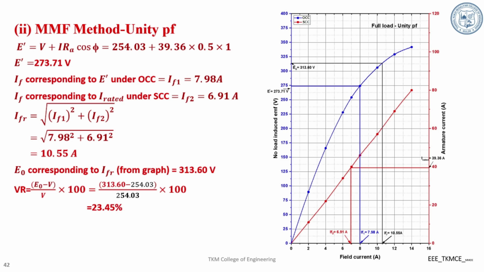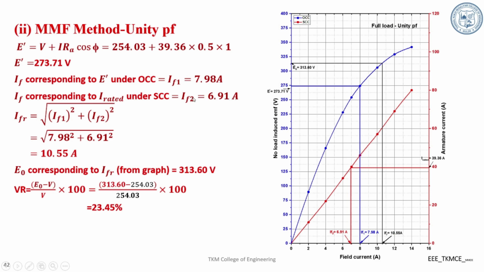Coming to the MMF method, unity power factor. After plotting OCC and SCC, we need to determine E dash, and E dash is obtained as 273.71 volt. Corresponding to 273.71 volt from OCC, IF1 is obtained as 7.98 ampere and IF2 is 6.91 ampere.